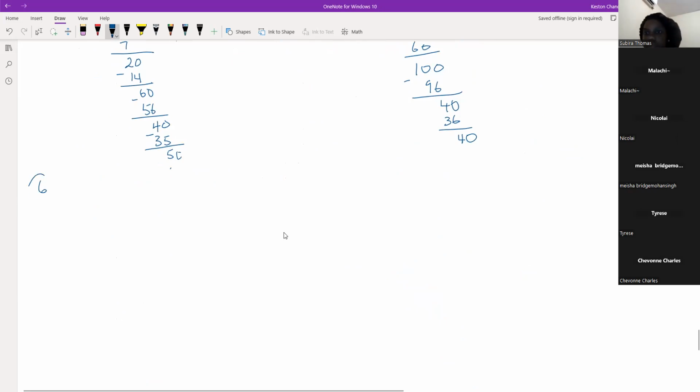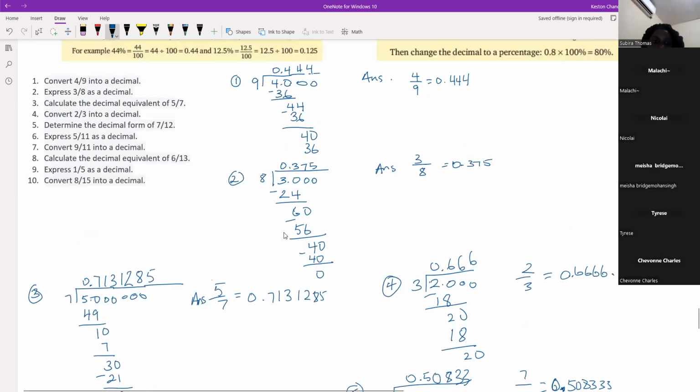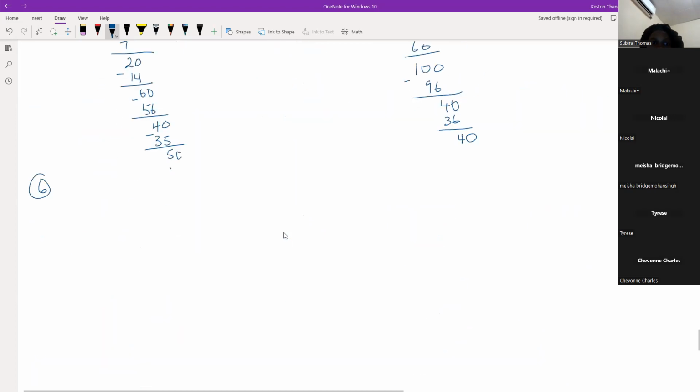Number 6. 5/11 as a decimal. Five in here, 11 here.